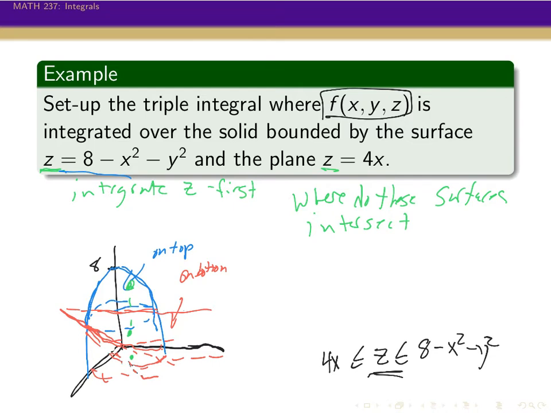So the x and y coordinates where these surfaces intersect, well, that's where 8 minus x squared minus y squared equals 4x, right? So notice that this is just in terms of x and y now.